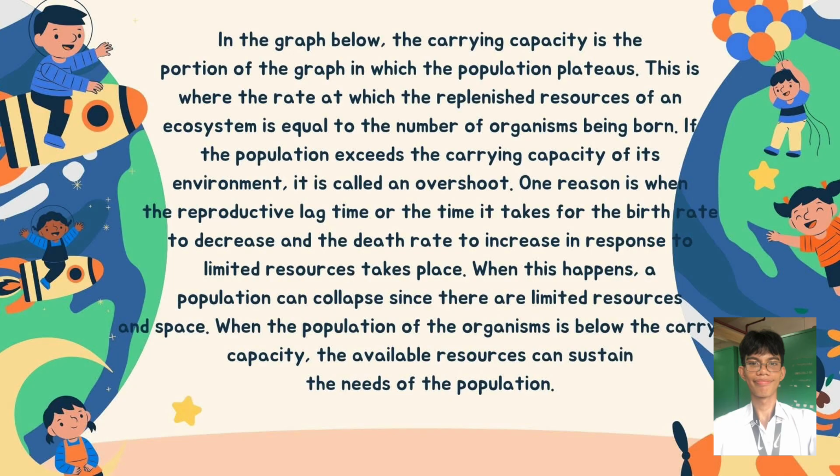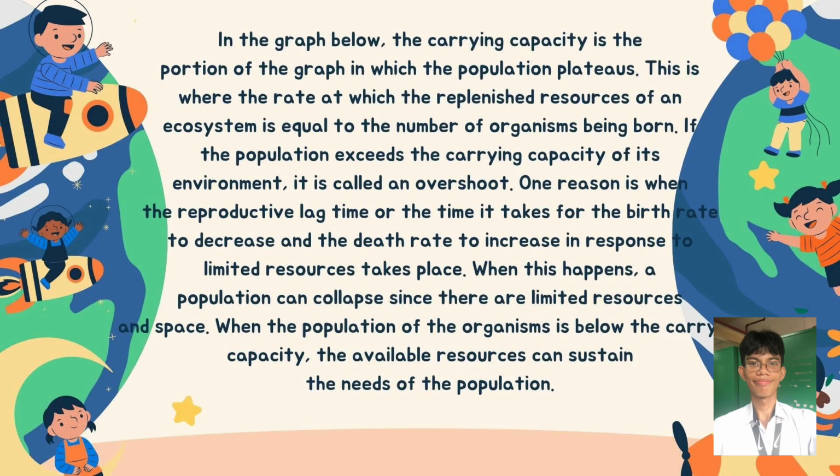In the graph below, the carrying capacity is the portion of the graph in which the population plateaus. This is where the rate at which resources of an ecosystem are replenished is equal to the number of organisms being born.